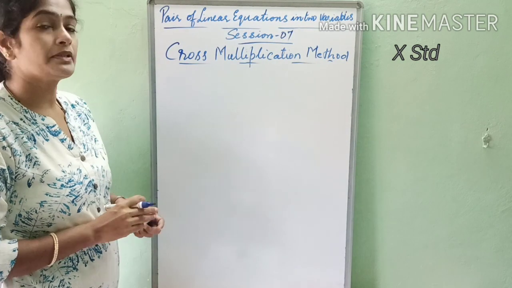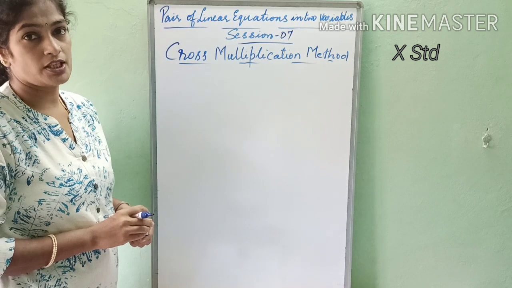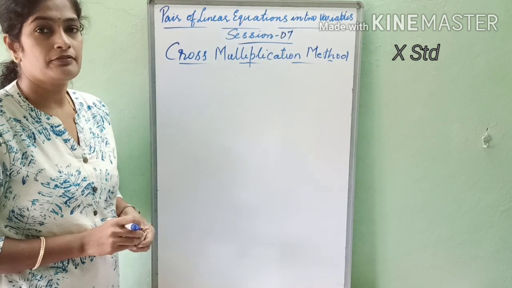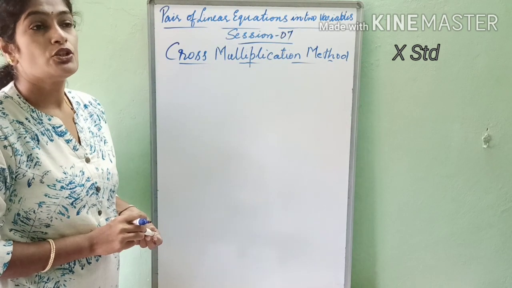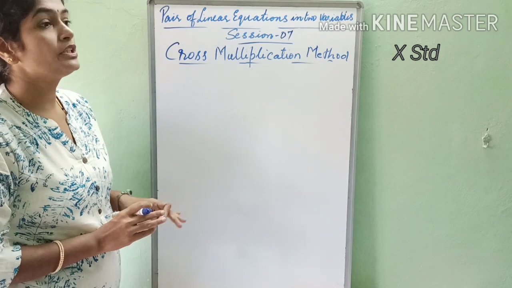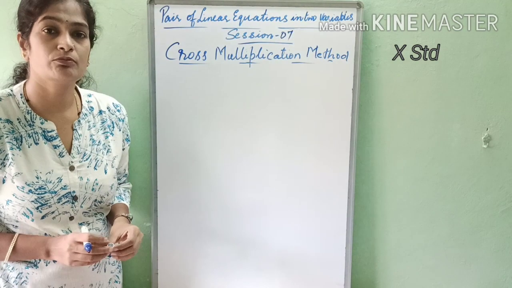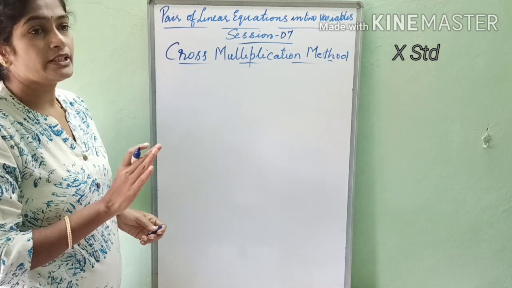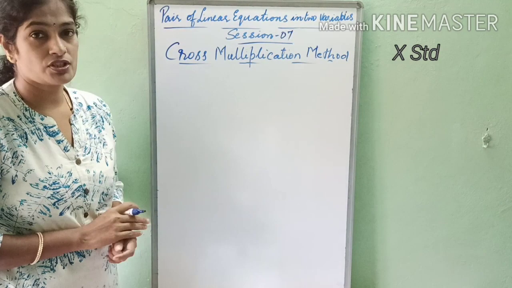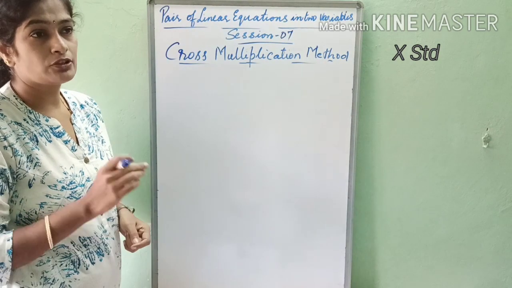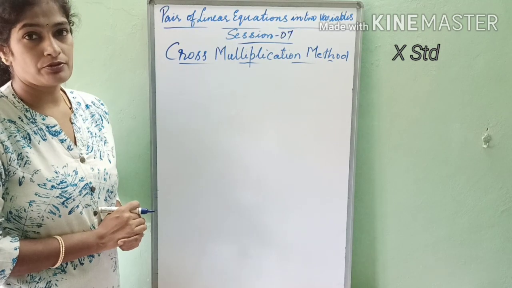This cross multiplication method usually we are using to solve when the pair of linear equations are having unique solution. When compared to the other methods, this method is still more easier. But only thing is the way we write the coefficients has to be remembered. That through a simple rule we will try to remember it.